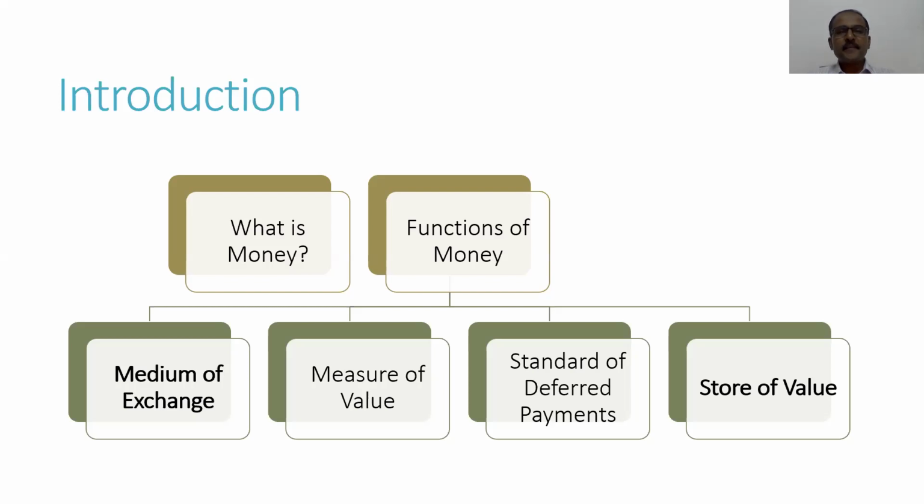Thirdly, it is a standard of deferred payments. Money can be used to make forward payments or future payments. And lastly, store of value. You can store the value of an asset in terms of money. So friends, these 4 important functions, like medium of exchange, measure of value, standard of deferred payments, and store of value, are four important functions. Therefore, we need money.